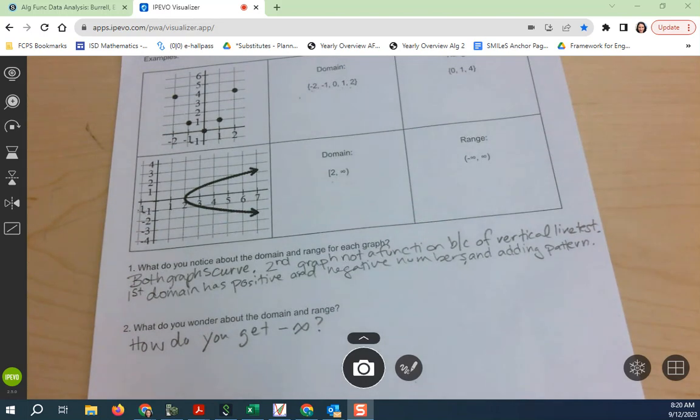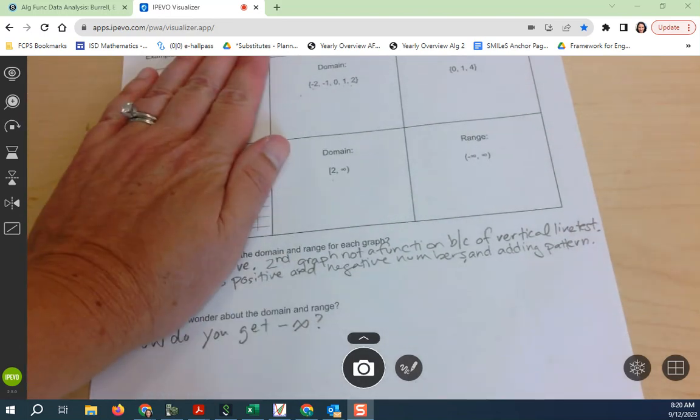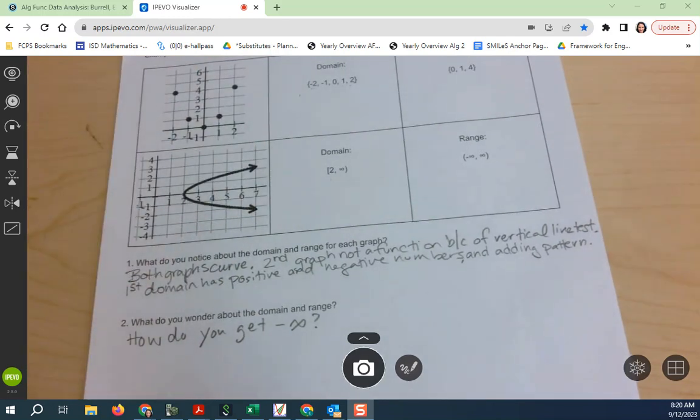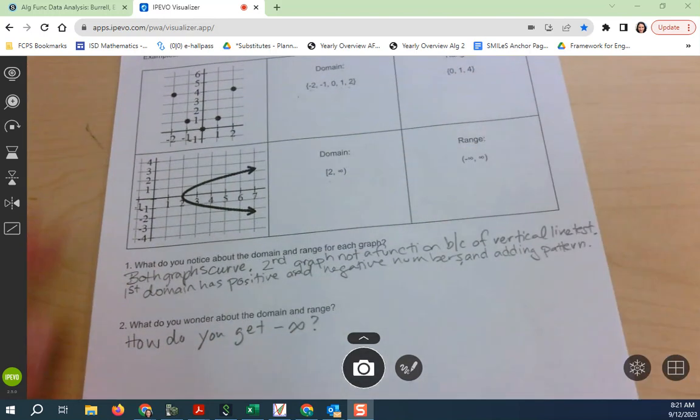Tanisha and Crystal, something you notice or wonder about the domain and range? One more time. One has infinity and one doesn't. That's good. So did you guys see that? The first one doesn't have any infinities on it, but the second one does.